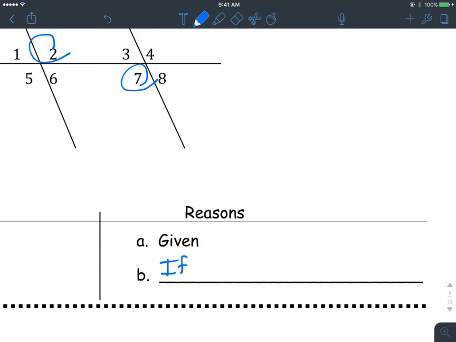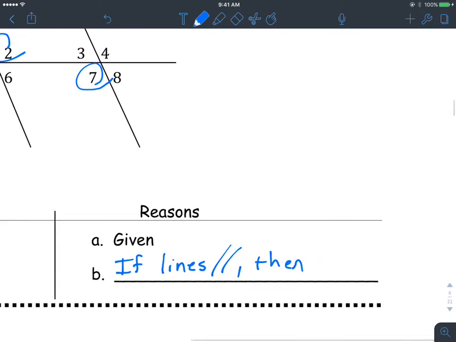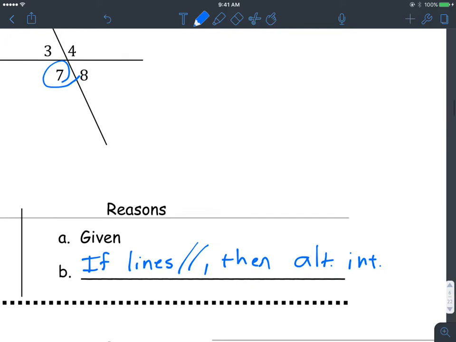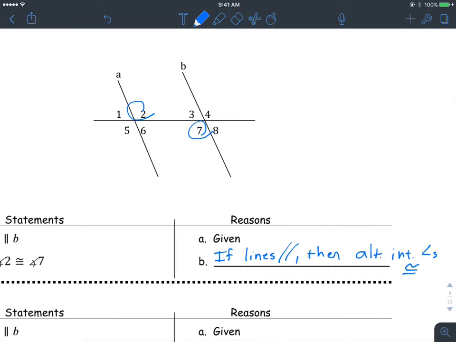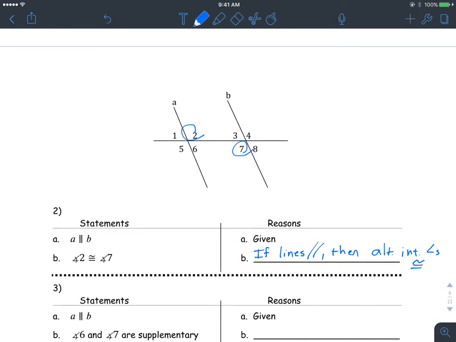So we'll write, if lines are parallel, then alternate interior angles are congruent, and I'm going to abbreviate both of those. That's really all you write for those.